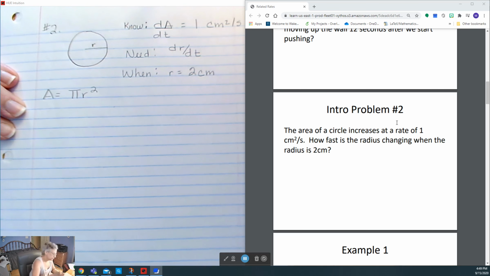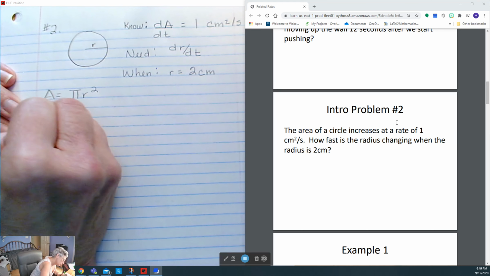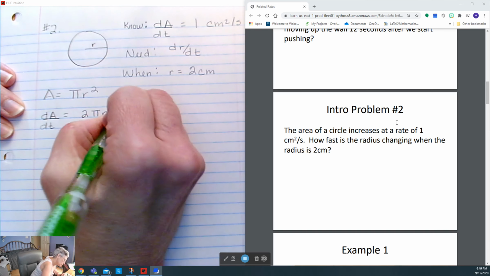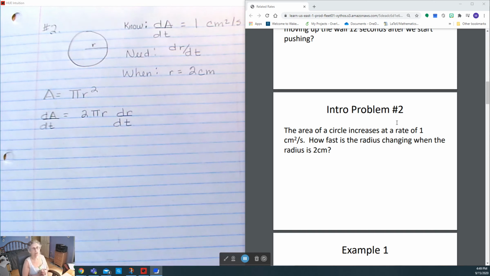So, area of a circle, pi r squared. The derivative of area with respect to time is going to be 2 pi times the radius times the derivative of radius with respect to time.